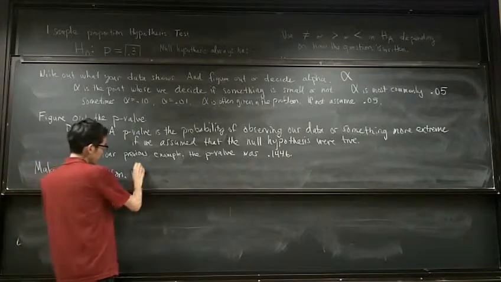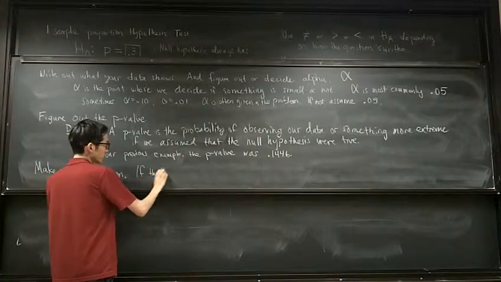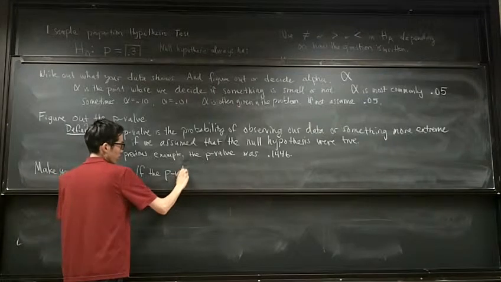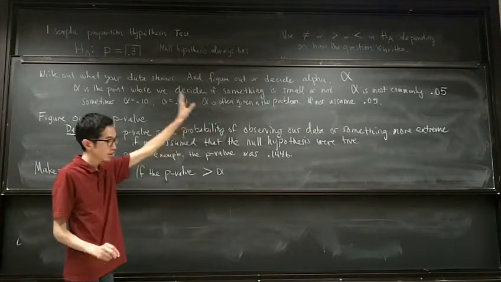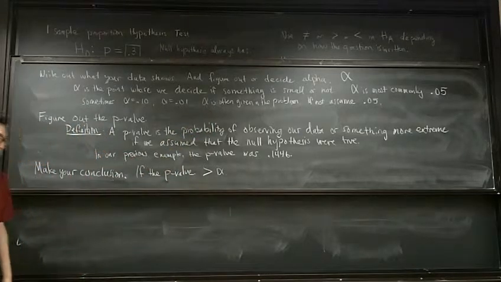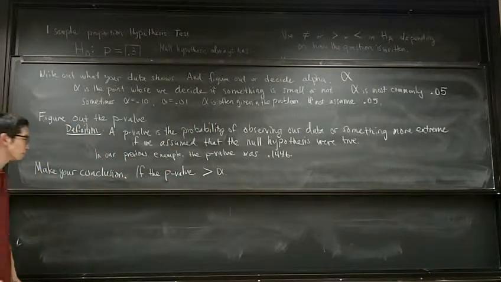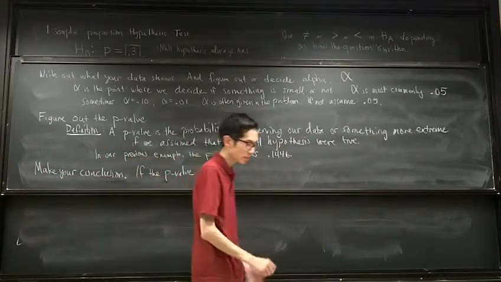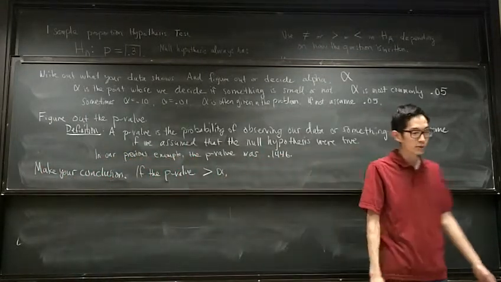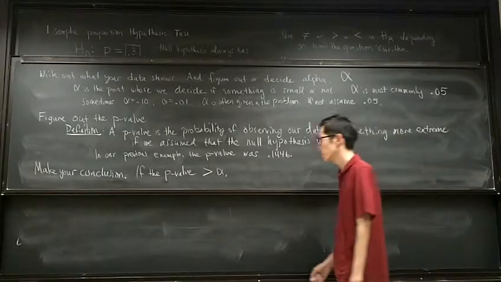And the conclusion goes like this. If the p-value is greater than alpha, okay, so alpha is that point where we decide if the p-value is larger or not. If the p-value is greater than alpha, that means we do not have evidence to reject the null.